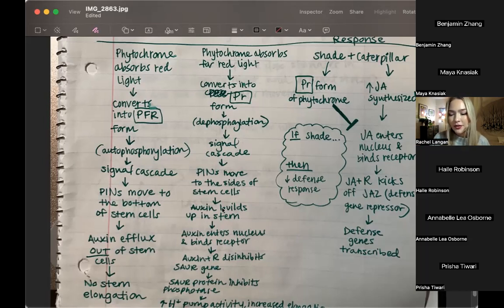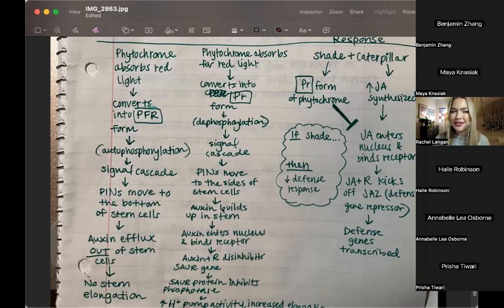Sometimes removing the phosphate turns it on, sometimes adding the phosphate turns it on. In this case, what scientists say is adding a phosphate via autophosphorylation turns it into the PFR form, which activates it. Dephosphorylating it, taking off the phosphate, turns it into the PR form, which is the inactive form.